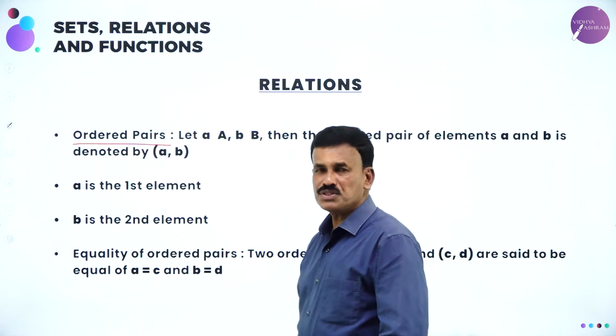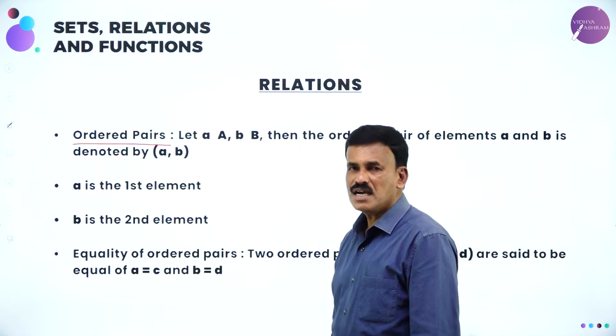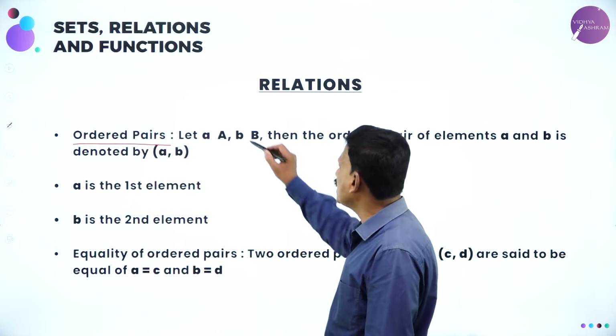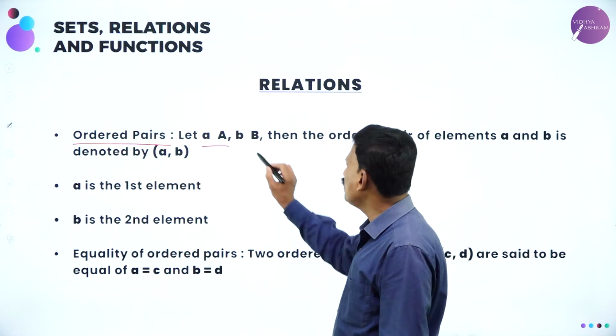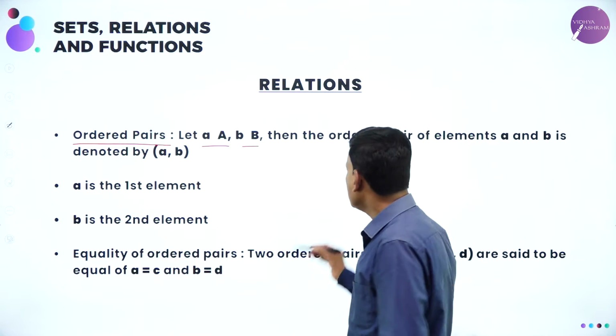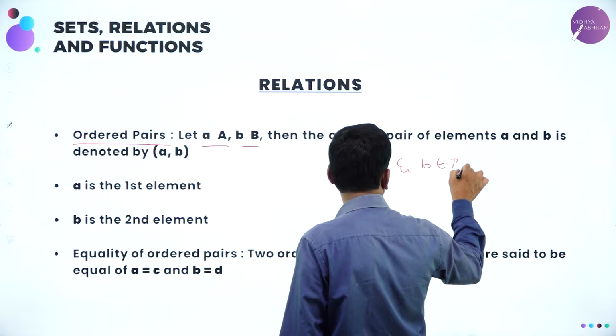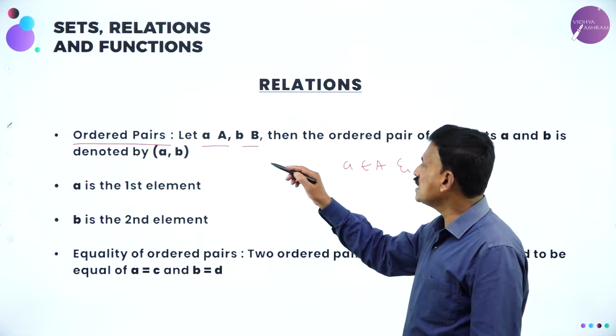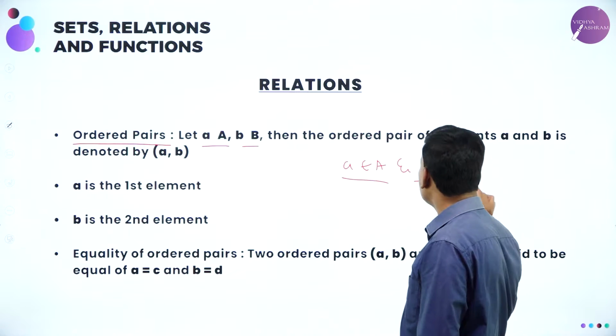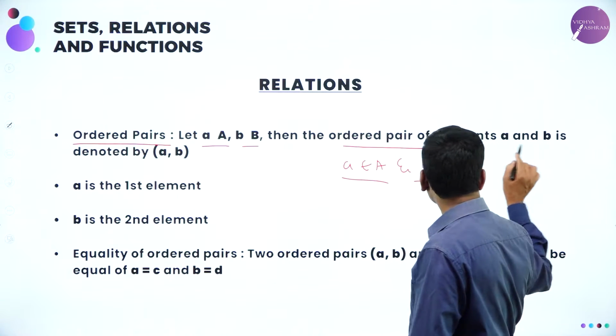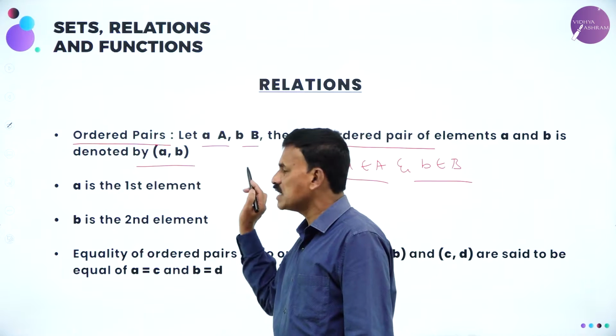Ordered pair. Suppose a belongs to set A and another element b belongs to set B. Then the ordered pair of the elements a and b is denoted as (a, b).